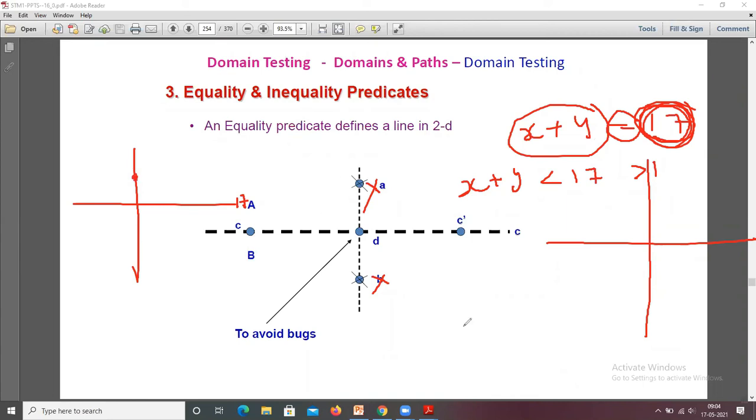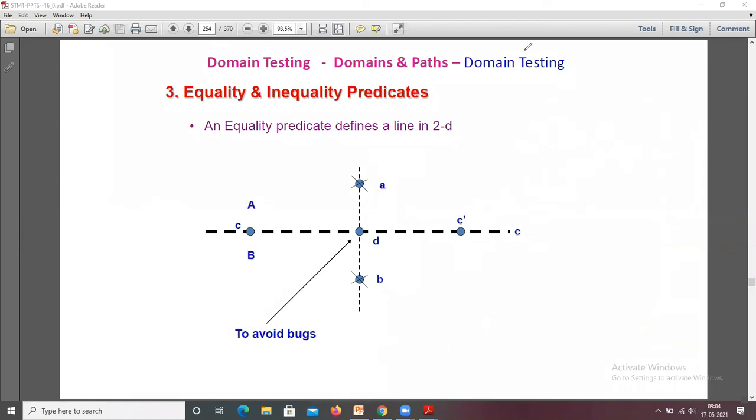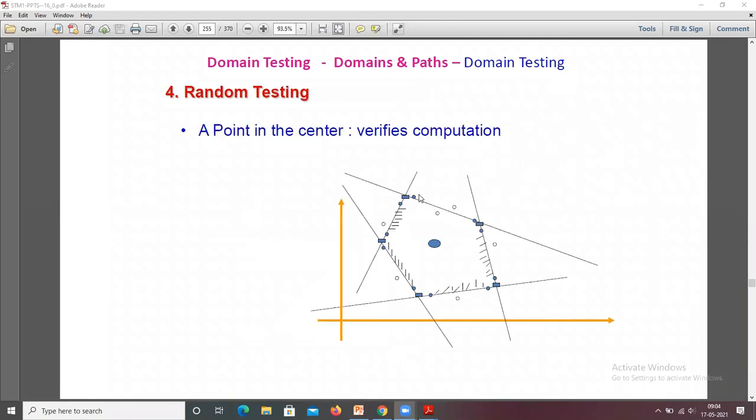Okay, next one is random testing. Here, a point in the center verifies the computation.